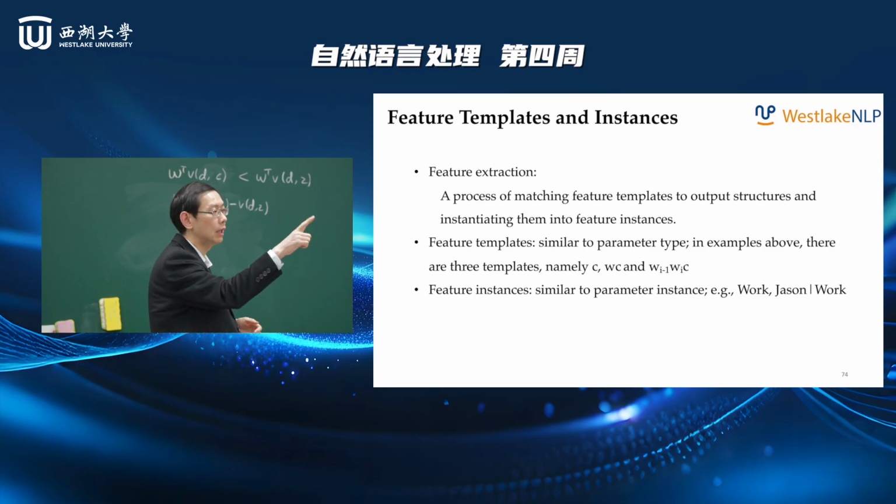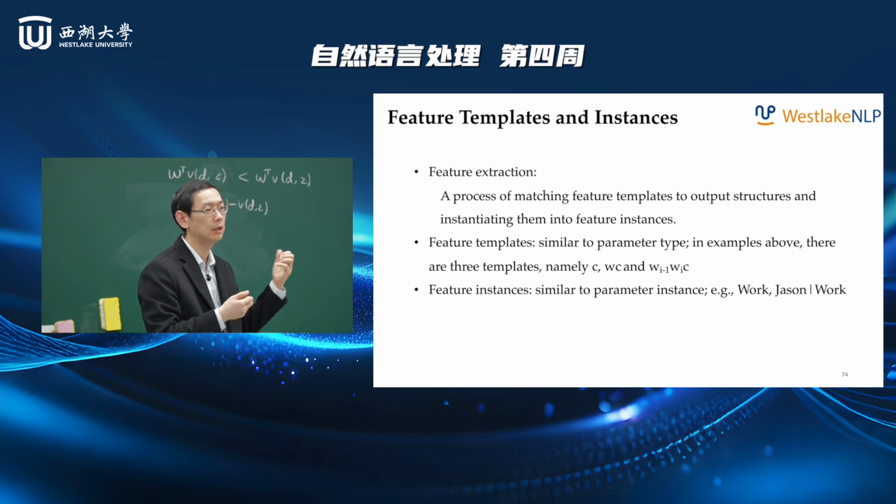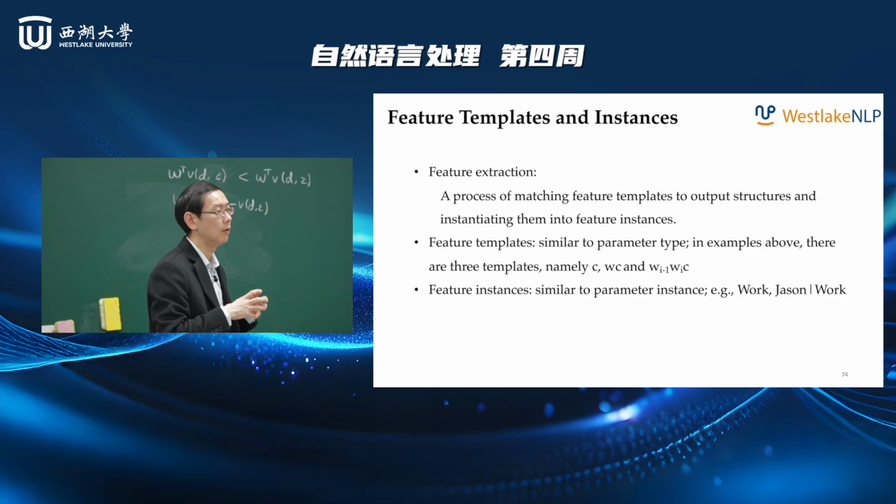So when you have W and C composition, it's a type of feature, a word and a class. This is called the feature template. And the feature instances are what? The word JSON and the class label combined together. This is a feature instance. You define a feature representation vector by specifying feature types or feature templates.